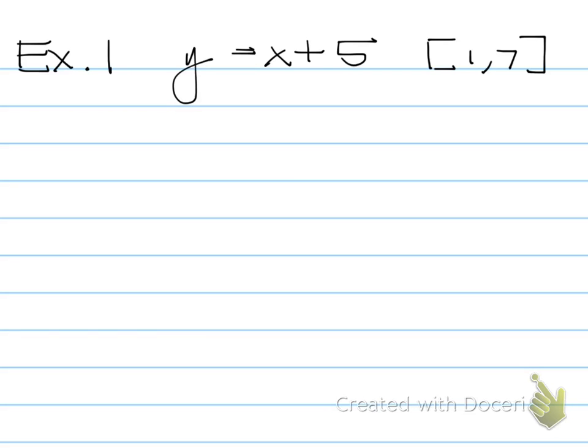So we want to determine what is the area under this curve from 1 to 7. So to find the area under the curve, we're going to take the integral from 1 to 7 of x plus 5 dx. So the first thing we want to do is find the antiderivative of x plus 5.